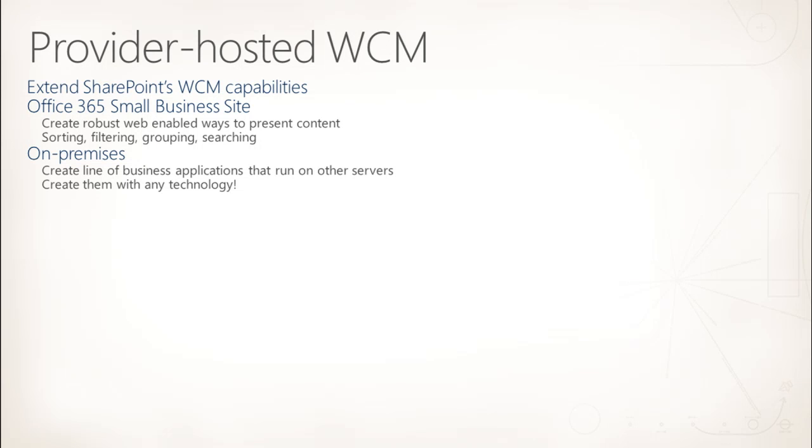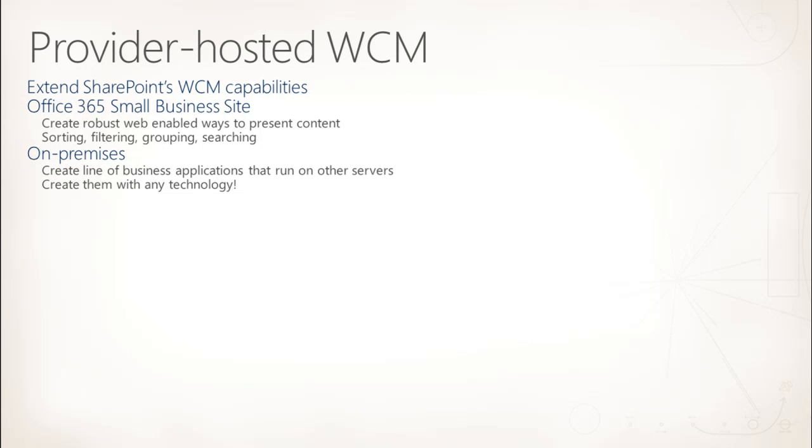A place you might want to do this is if you stand up a small business site in Office 365. There's not full parity right now between the O365 small business site and what you get on-premise with a FIS license or an internet license for SharePoint. So maybe you need something like content query web part functionality in your internet site on O365, but you don't have that capability as part of the platform right now, and you're really good at writing PHP.